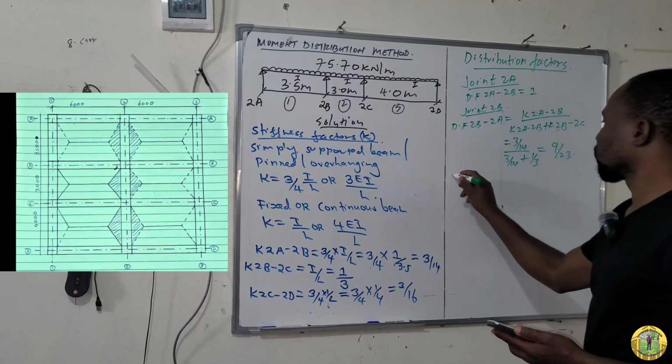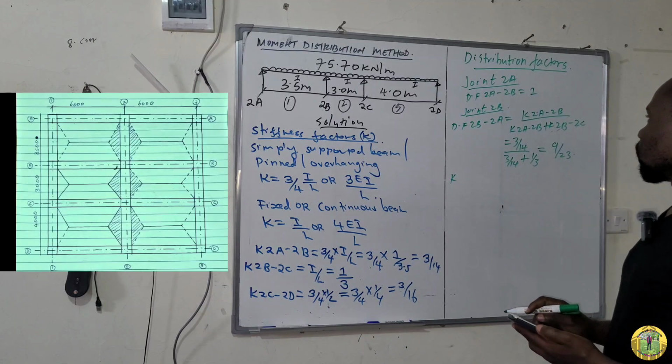We proceed to K under the same joint 2B.